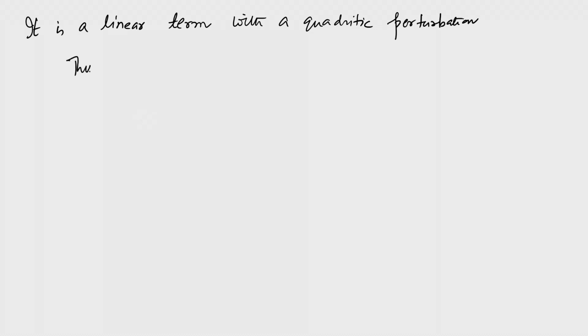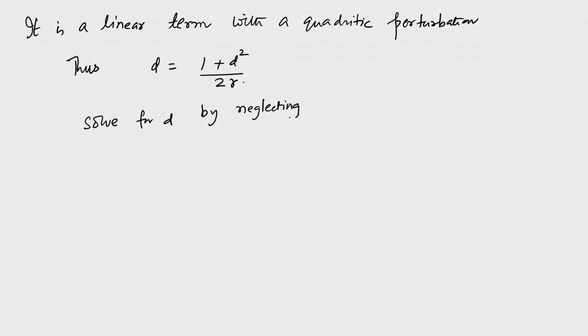So, thus if we take this, then d is equal to 1 plus d square by 2r, and if you solve for d by neglecting d square, d becomes equal to 1 over 2r, and putting the value of r, d becomes 0.16856.